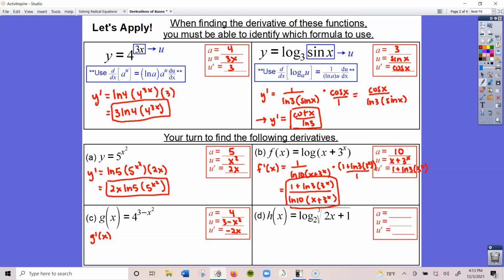G prime of x is going to equal the ln of the base, so ln of 4, times the exponential, times the derivative of the exponent. This would be my derivative, which I'm going to clean up and just write as negative 2x ln of 4 times 4 raised to the 3 minus x squared.